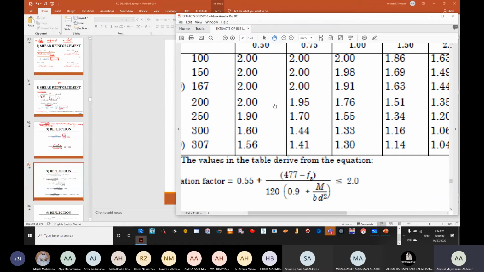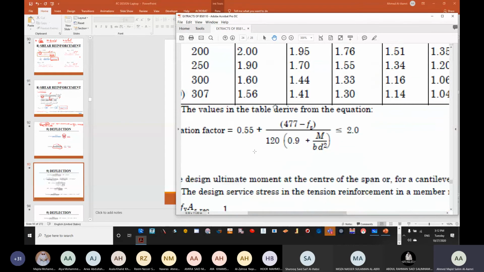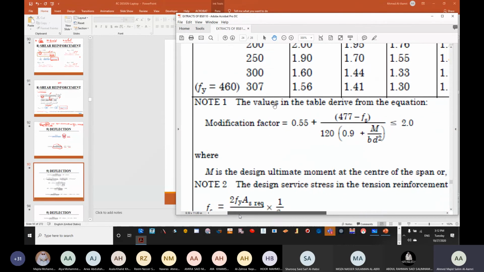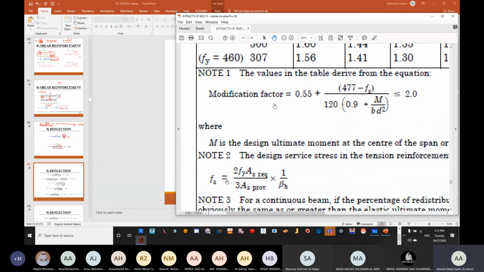The only thing missing is the fs value. From where are we going to get the fs value? Once again, the code has specified the fs value, where fs is equal to 2 fy as required divided by 3 as provided, multiplied by 1 divided by beta, where beta refers to the redistribution of moments, and we don't have any redistribution, so it's going to be 1.